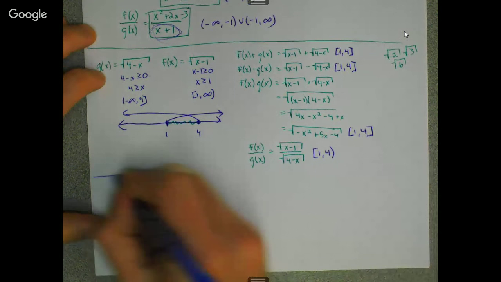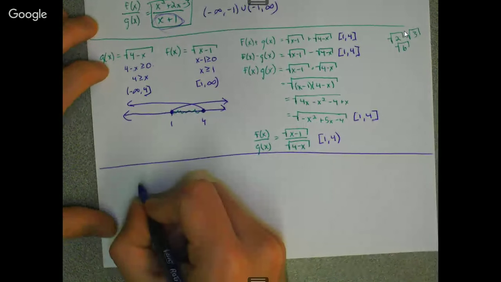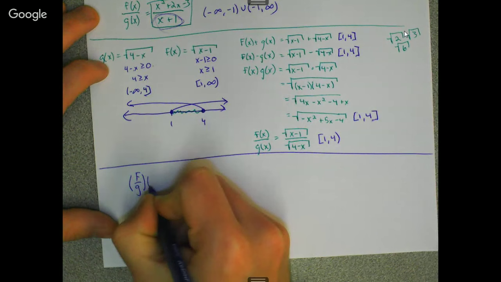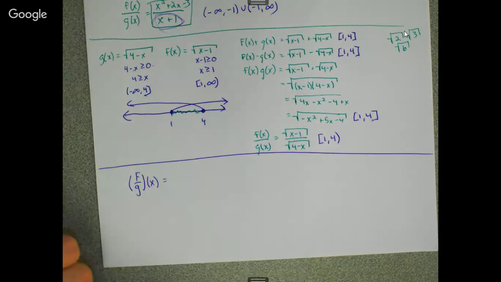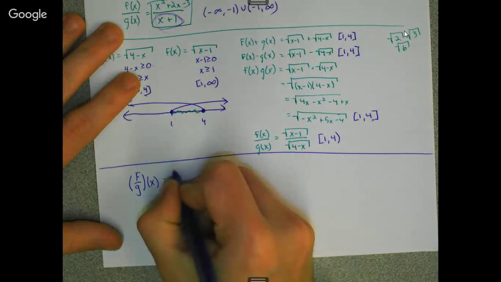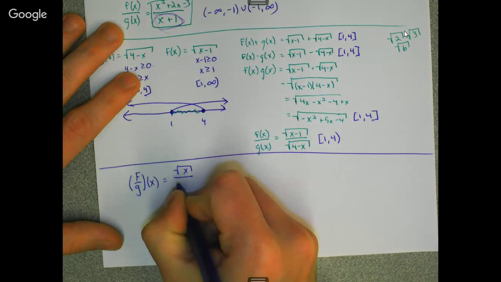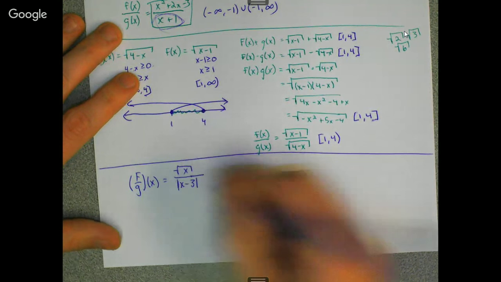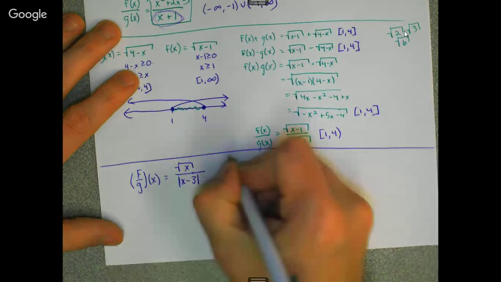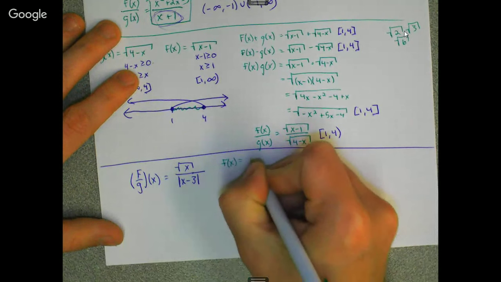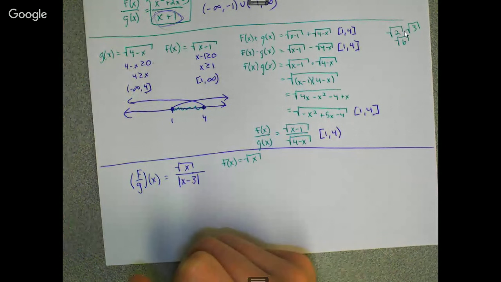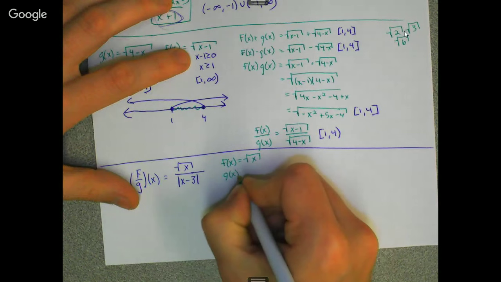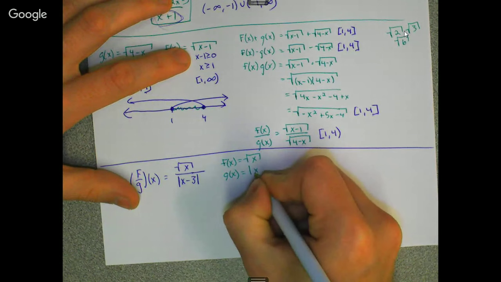All right, let's look at this function. Let's say f of g of x equals, let's say it's radical x over x minus 3. And you would have been told that f of x equals radical x and g of x equals absolute value of x minus 3.